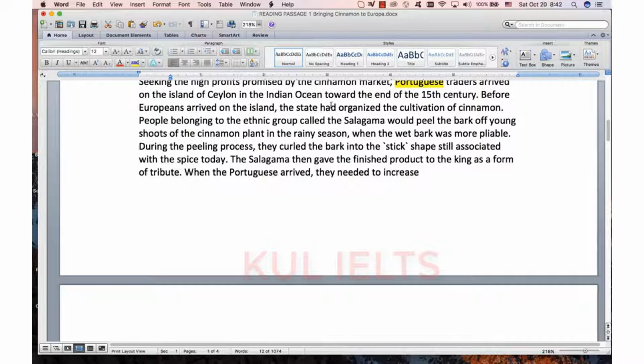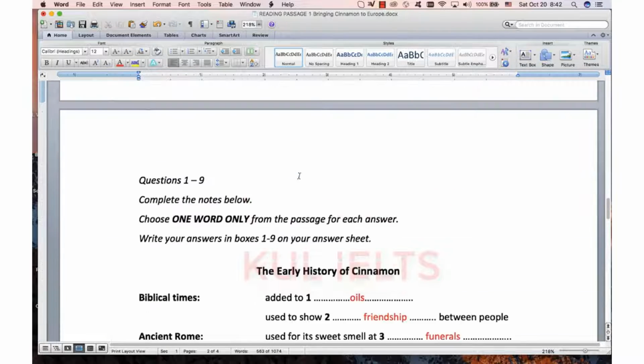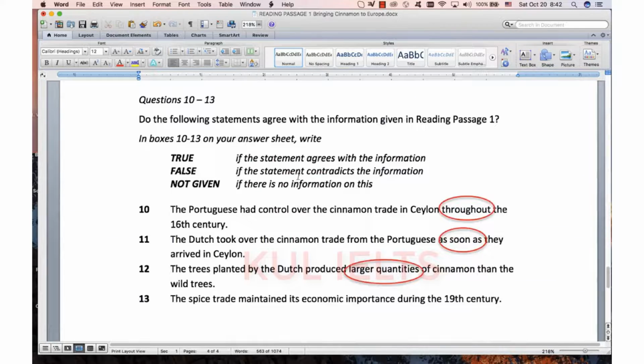It's not here. This is just talking about the original people and what they did before the Portuguese came. This is where we're looking at. But it's a difficult true false not given because it's not just on one sentence, it's on both of these. So actually I'm just going to skip it and come back to it later.